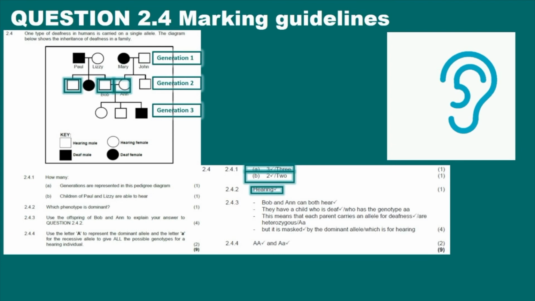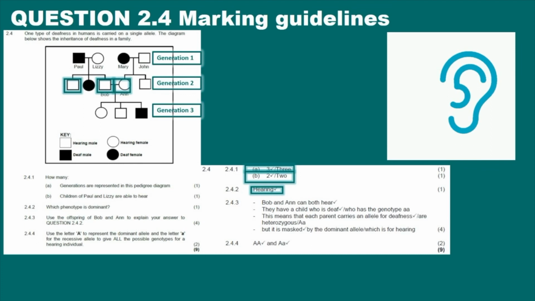The reason why Bob and Anne carry a recessive allele for deafness is because Anne had a mother that had the allele for deafness, and Bob had a father that had an allele for deafness. So that means Bob and Anne were both heterozygous. And being heterozygous, they were normal hearing.